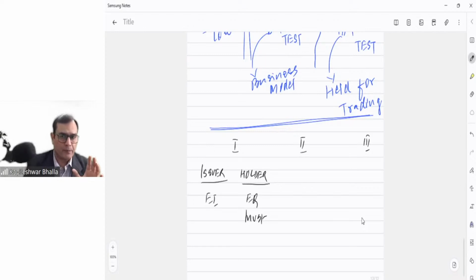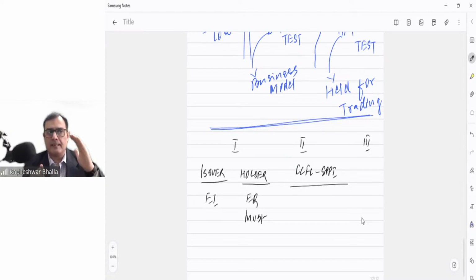I said, okay, in step number 2, let me conduct the risk assessment, for which I'm going to conduct the CCFC comprising SPPI test. Now let's understand what this test is all about. As a holder, I'm asking a question to myself. Does the issuer have a contractual obligation to pay the principal and to pay the interest on that outstanding principal on this equity instrument?